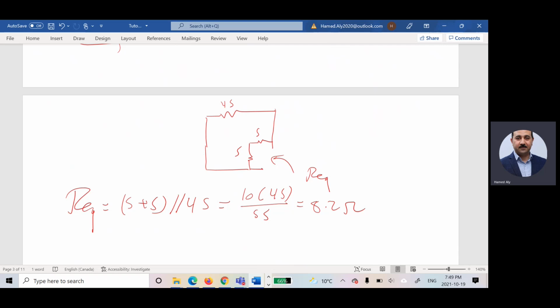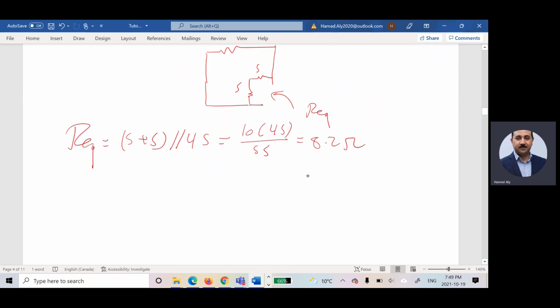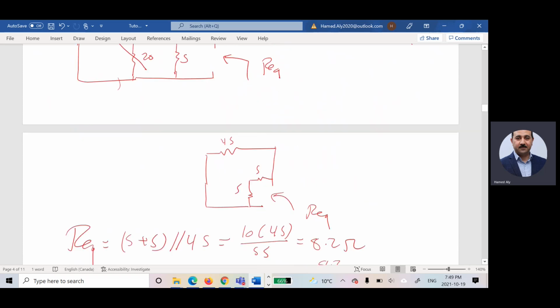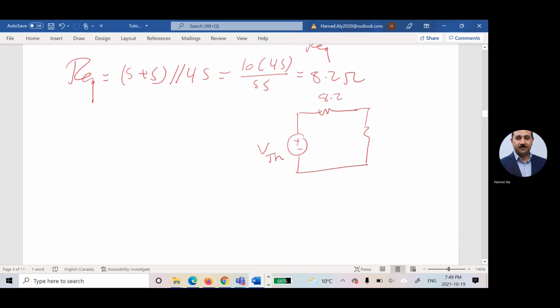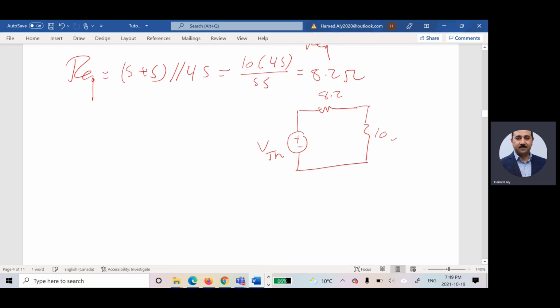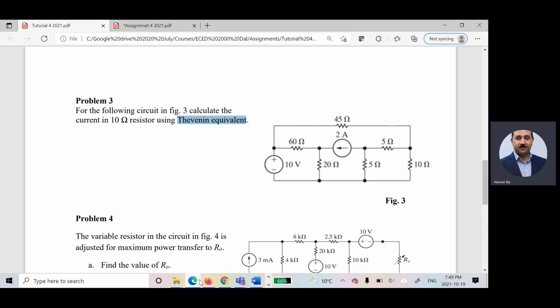Once I found that, I'll go back and redraw my circuit again. This is the Thevenin equivalent. This is R Thevenin. And this is the resistor that I have already erased, which is 10. I forgot what he was asking about. He was asking about the current in 10 ohms.